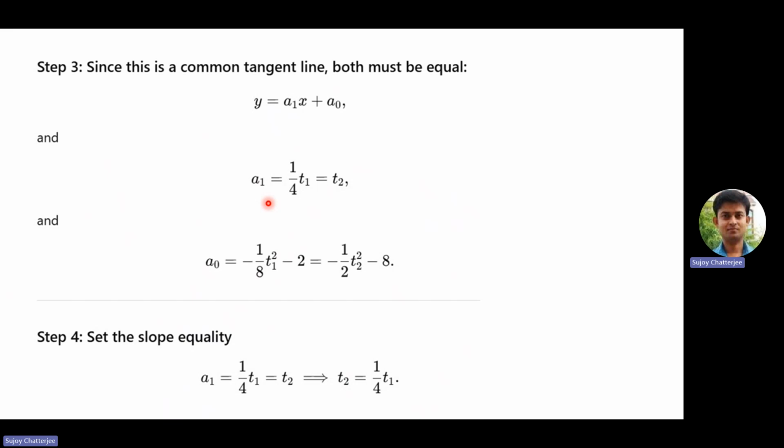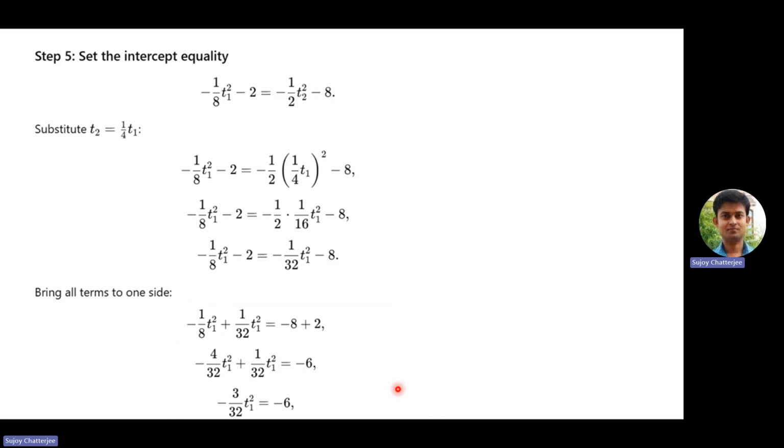So set the slope equality. Now we have two equations. Setting the slope equality, a1 is 1 by 4 t1, which is equal to t2. So t2 is 1 by 4 t1.